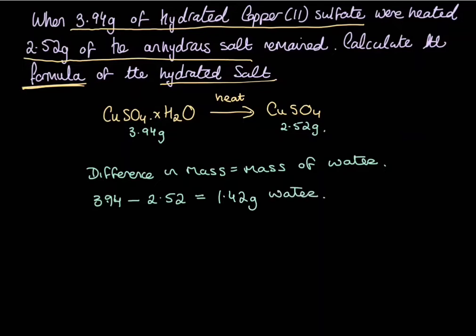Okay, so if now I have the mass of the water, whenever I have mass of something, I can immediately find out the number of moles there are. So the number of moles equals mass over the relative molecular mass.